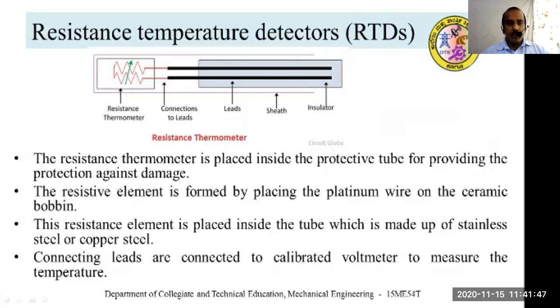This platinum coil is placed in a tube made up of stainless steel or copper steel, and the two leads are taken out, and the whole arrangement is placed in a protective tube for providing protection against damage. The platinum wire is wound on a ceramic bobbin.